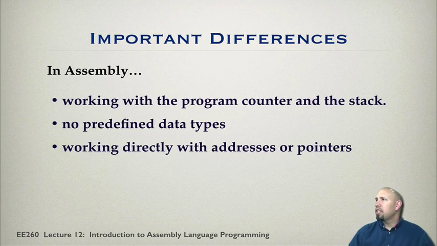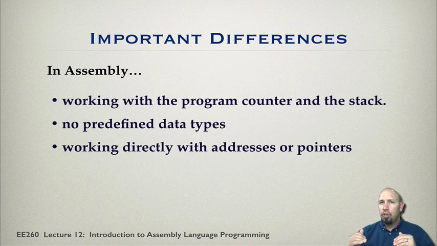But there are important differences between C and assembly. In assembly, we will work with things like the program counter and the stack. That's definitely something you don't do in C. It's not that you couldn't, but the C environment itself does so much. It actually does that for you in some ways, but doing it for you means that you don't get to do it directly yourself.